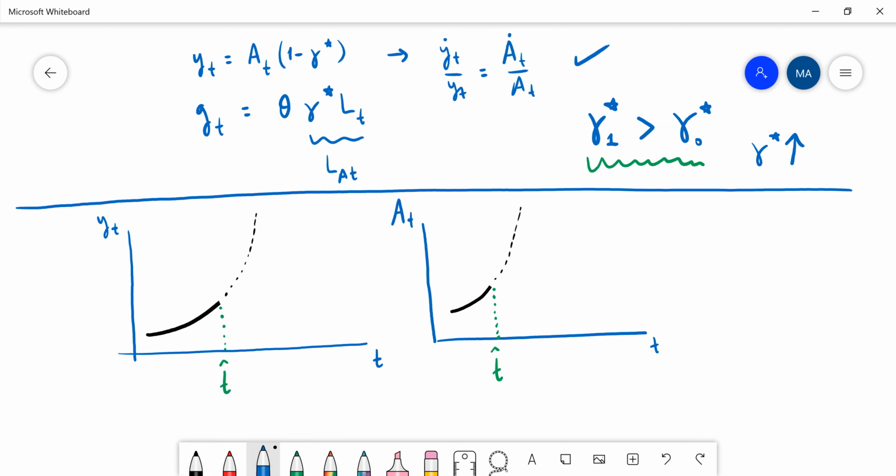So the growth rate will be like this, right? And what about GDP? Well, GDP growth rate is faster as well, but GDP will decrease initially, right? Because of this. So initially it will be lower, but then will grow at a faster pace, right?